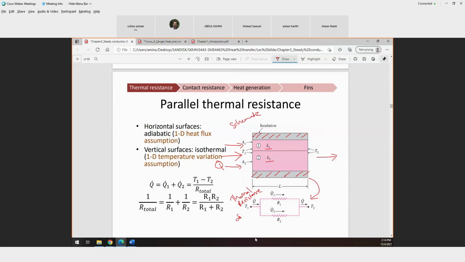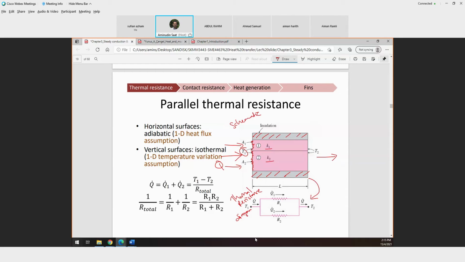You can see here T1; T1 is this temperature. We assume T1 is the surface temperature. Because of the different materials, you need to represent the resistance in a parallel arrangement.